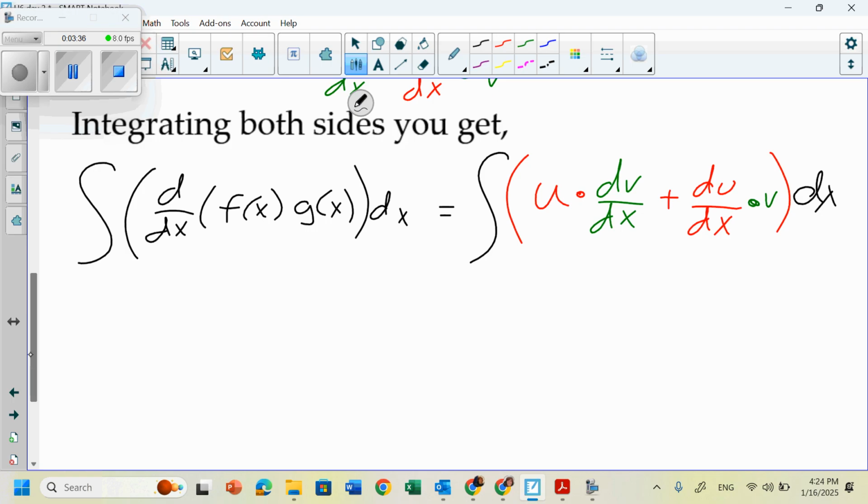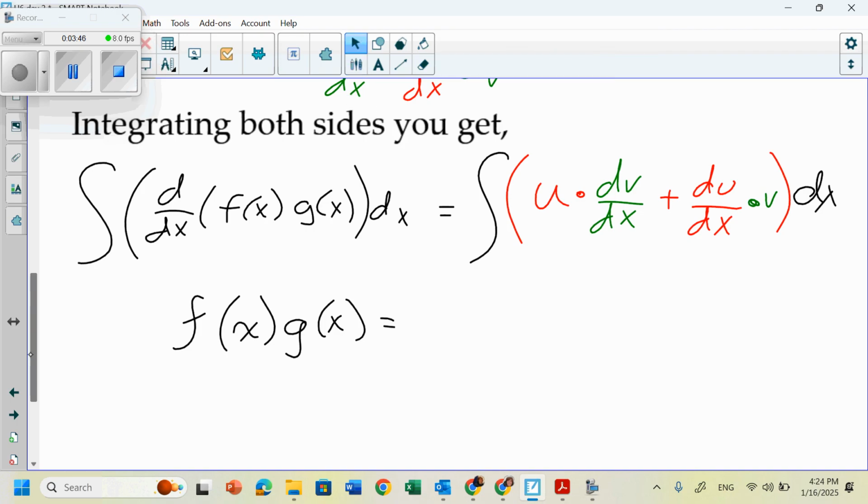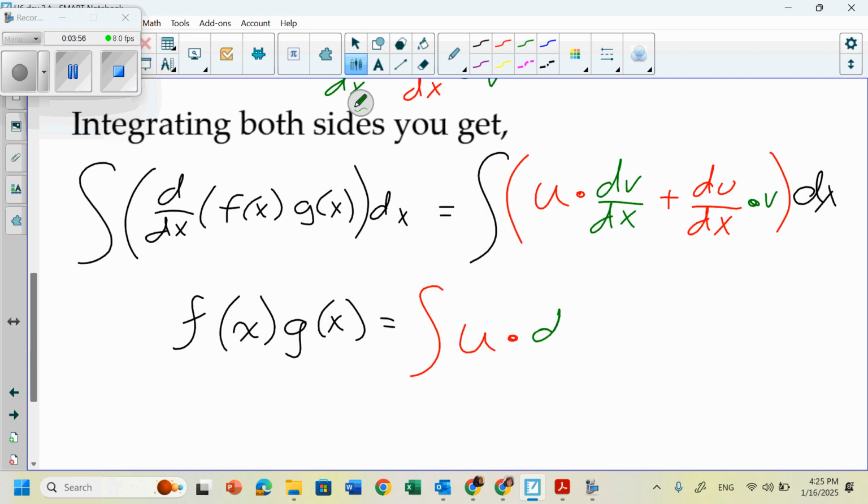On the right-hand side, I'm going to split into two separate pieces, because I've got multiple things going on. So, the integration of u times dv dx, but there's a dx on that piece, plus the integration of du dx times v, and that also has a dx.